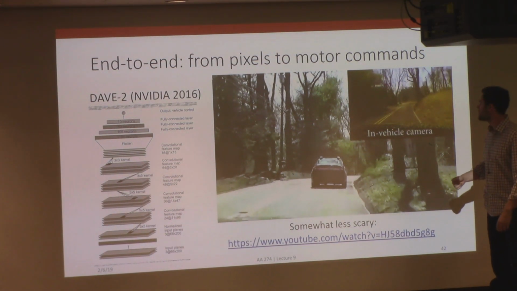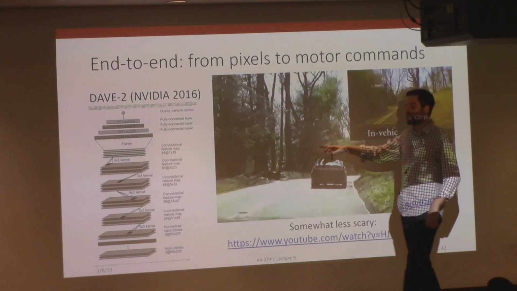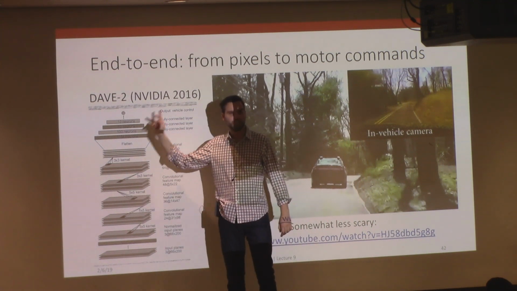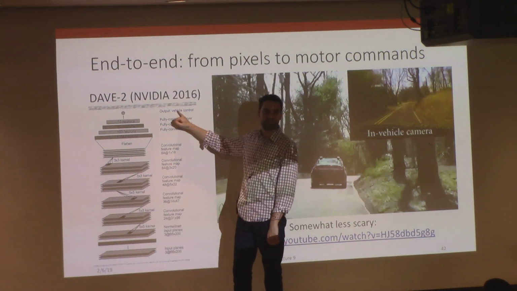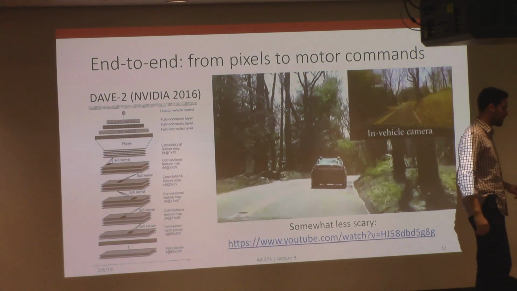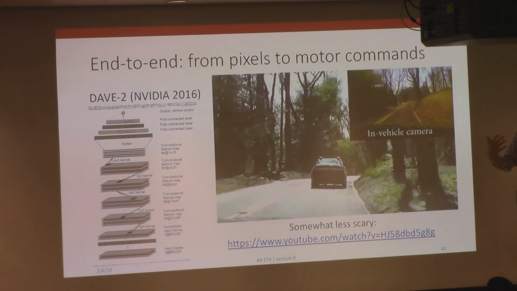This is something NVIDIA did earlier, and also recently in 2016, and here's the architecture they used. Their output is literally just steering control. It's either steering control and acceleration or just steering control, I forget now. But these are really powerful models which can encode quite a bit of information, and it allows them to reason, even at a high level, about stuff like vehicle control in a driving setting.